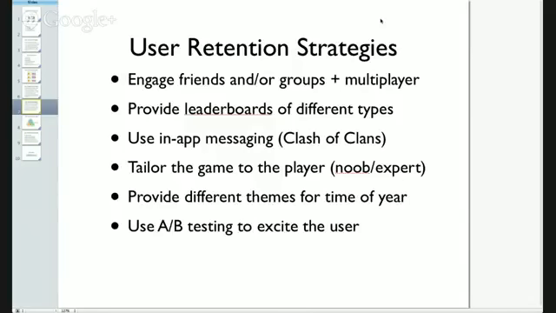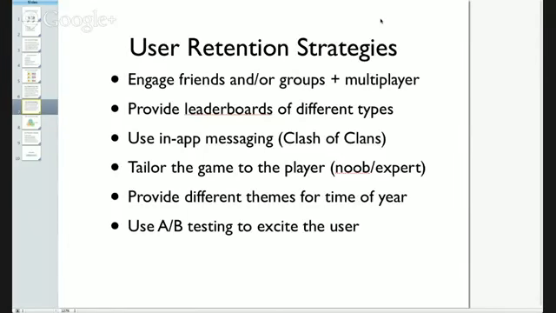In Clash of Clans, they have leaderboards, like you probably know, not just for the individual players, but also for the clans themselves. So having leaderboards of different kinds, and then contests on those leaderboards. So this gets people excited, maybe over the next 2 weeks, the top clan is going to get so-and-so, or the top person is going to get such and such.